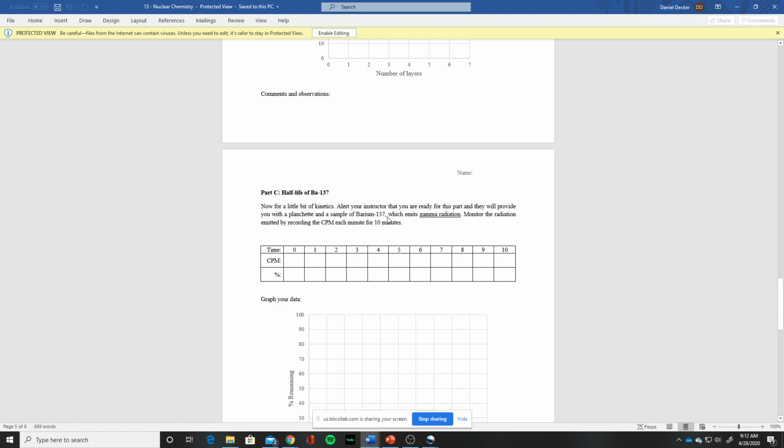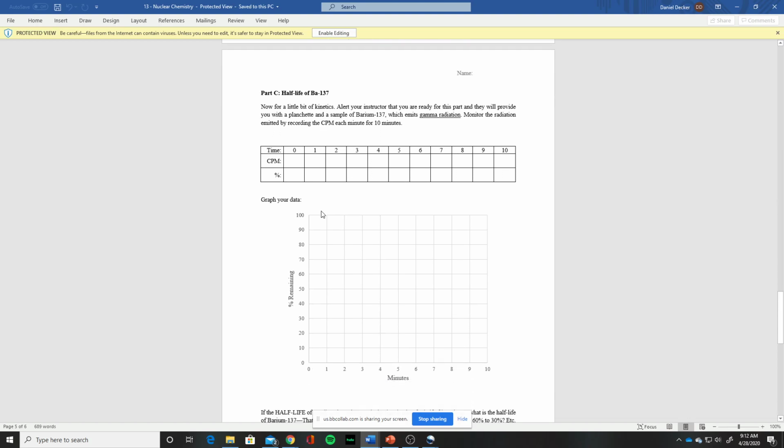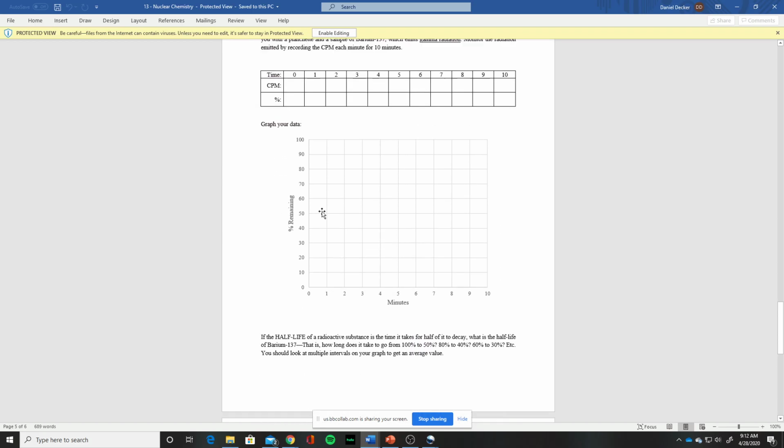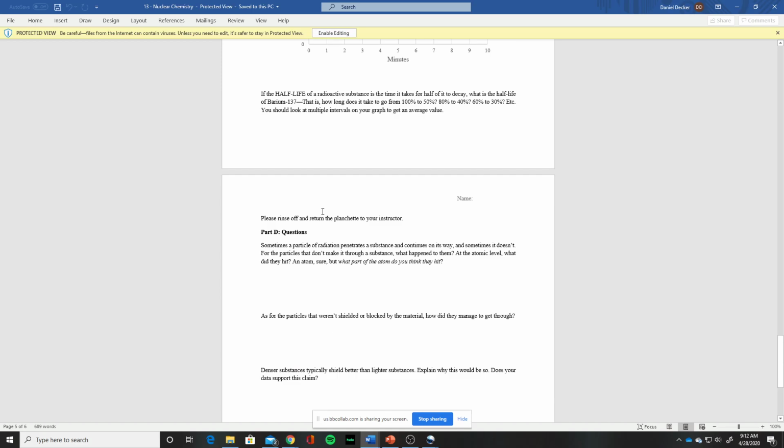There is a special kind of isotope generator that I have at my office that I do not have here, and I cannot go in and get it. So I cannot do part C, so do not worry about part C for this particular reaction.